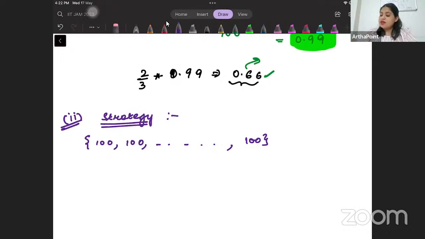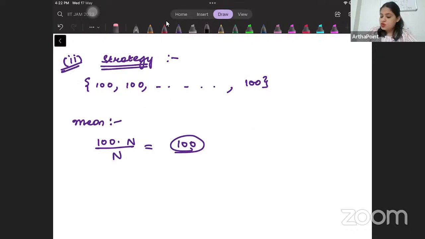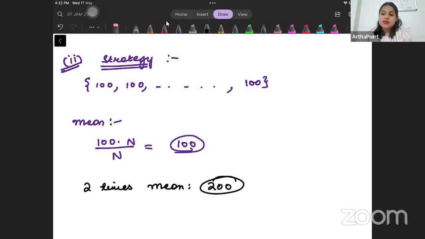So beta, let's say that the strategy is 100, 100, 100 till 100. So what will be the mean? The mean will be 100 is coming n times. Mean will be 100. Right? Now it says it has to be close to 2 times the mean value. So 2 times the mean, that means 200. 200 is 2 times the mean.